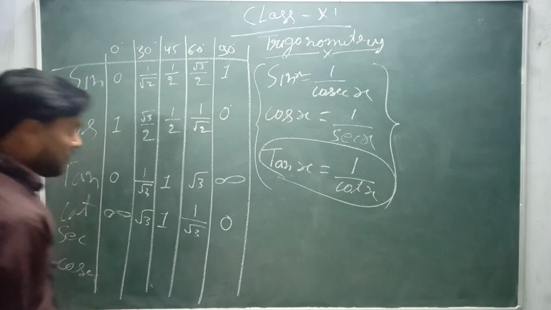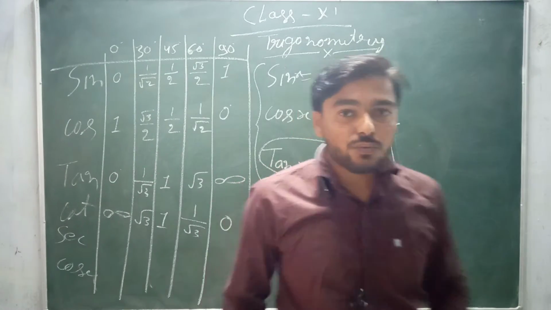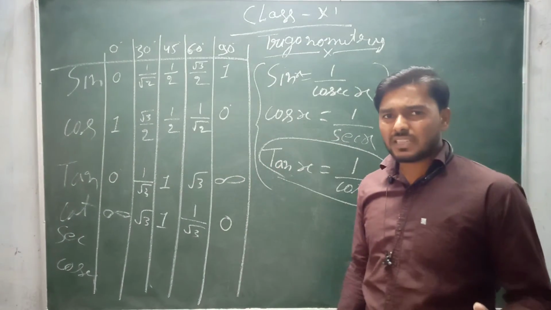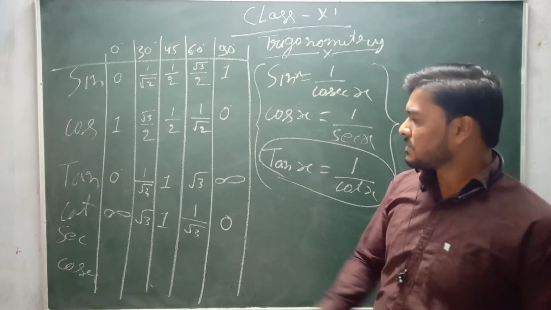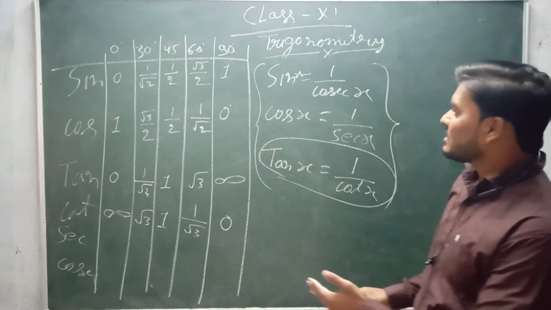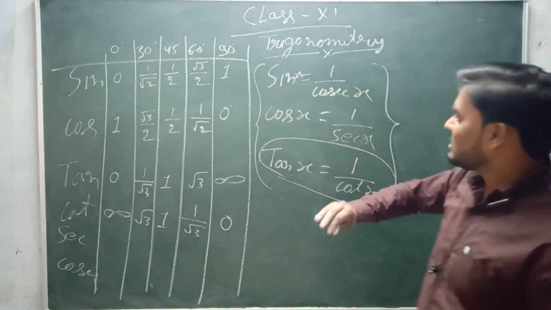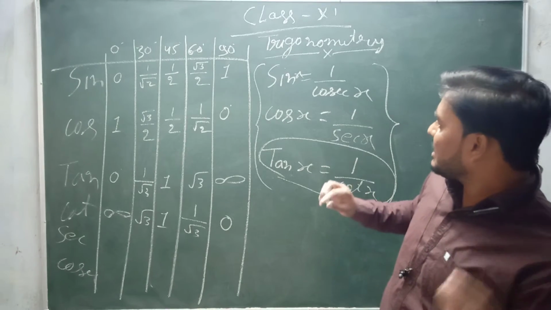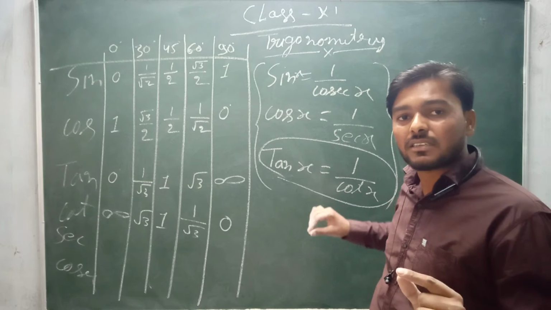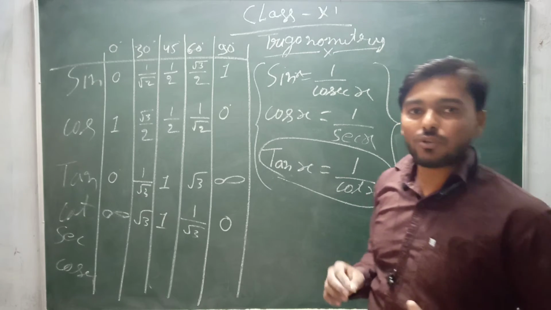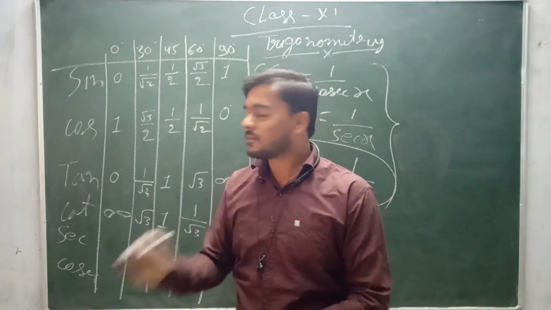Now we have to find the values of sec. We are going to see whether a relation exists in trigonometric functions. With sec, there is a relation between cos and sec. Both are reciprocal of each other, so the values of cos and sec will be reciprocals.